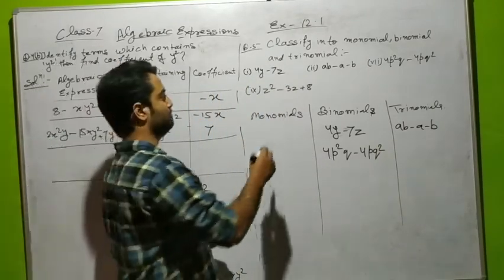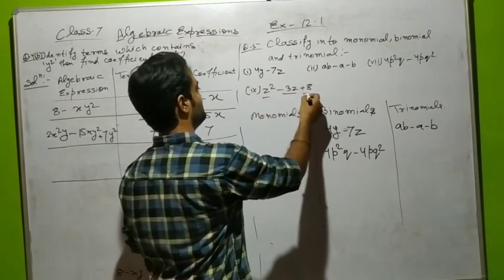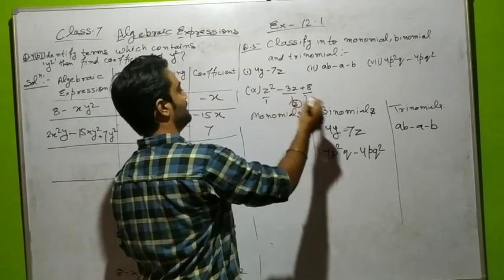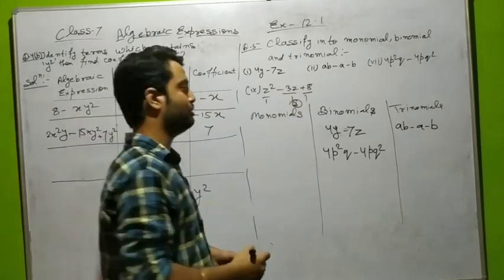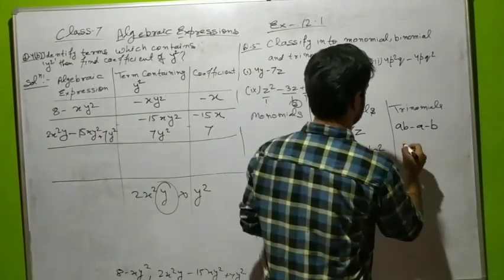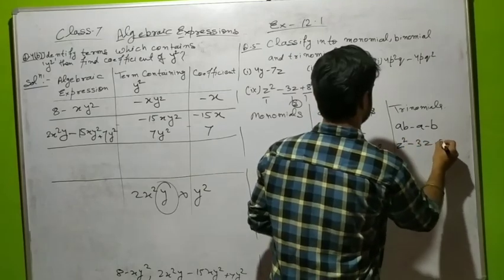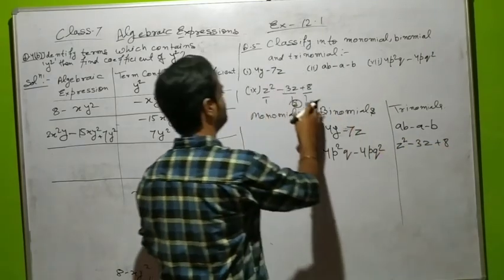Now the last one, z square minus 3z plus 8. It has three terms, so it is also a trinomial. It will be written here, z square minus 3z plus 8.